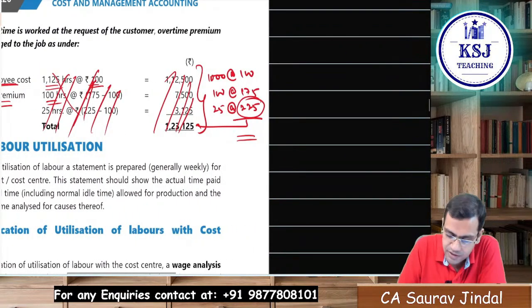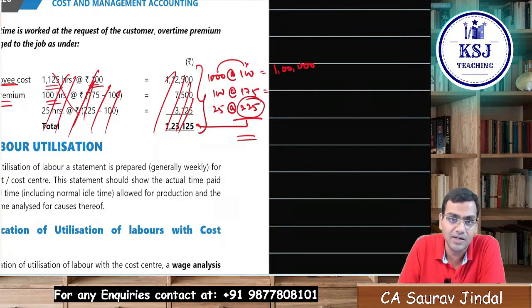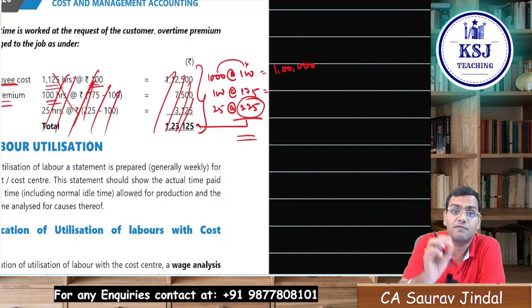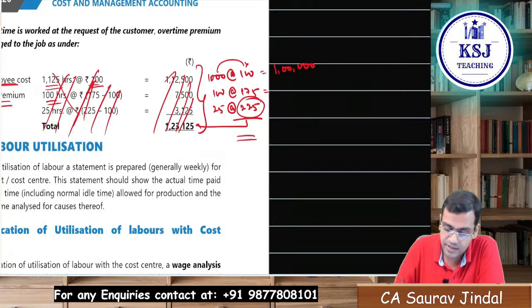What is the cost for the 1000 normal hours? You are going to pay him at 100 rupees, that is 1 lakh. For the next 100 hours, that is beyond the normal working hours, you are paying him 175 rupees, right? That is 17,500.